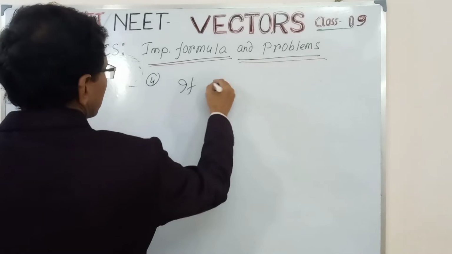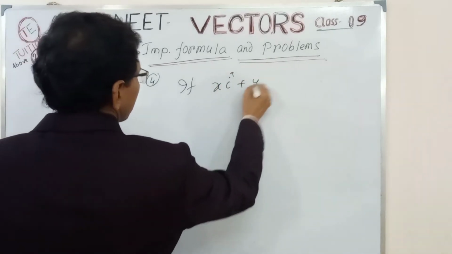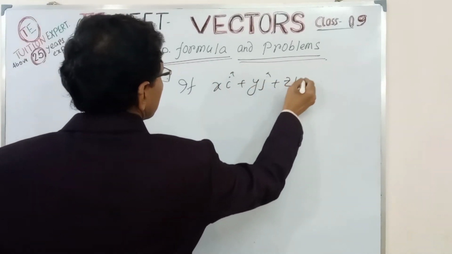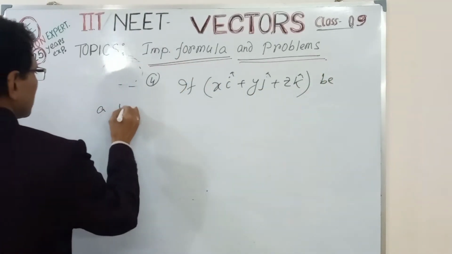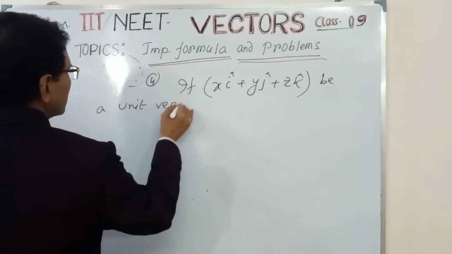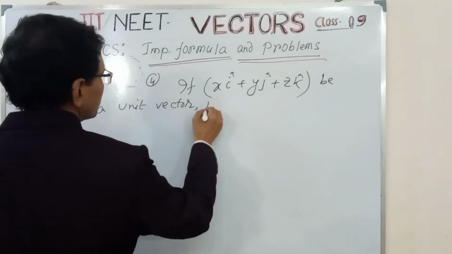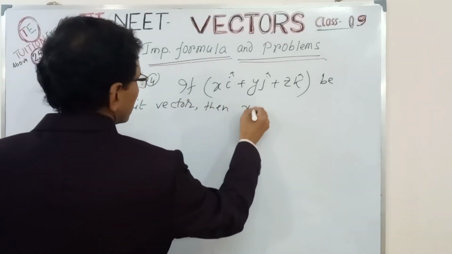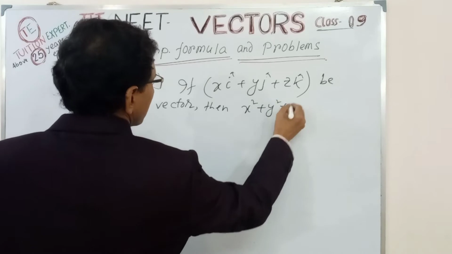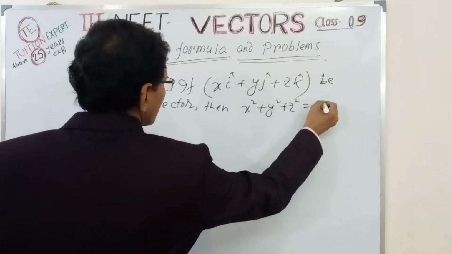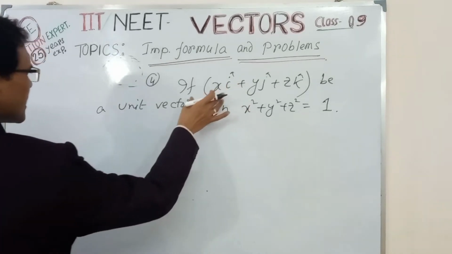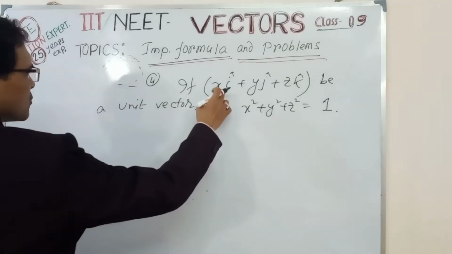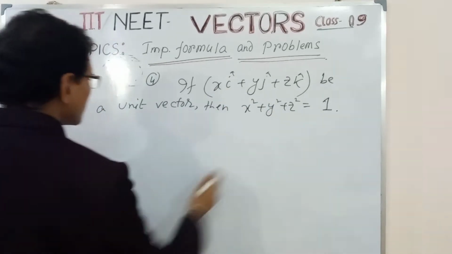If this is a unit vector, then its magnitude equals 1, because we know unit vector means magnitude is unity.